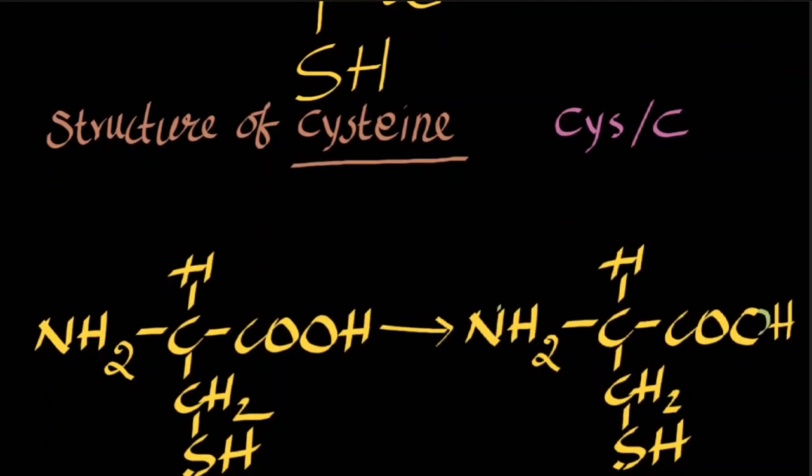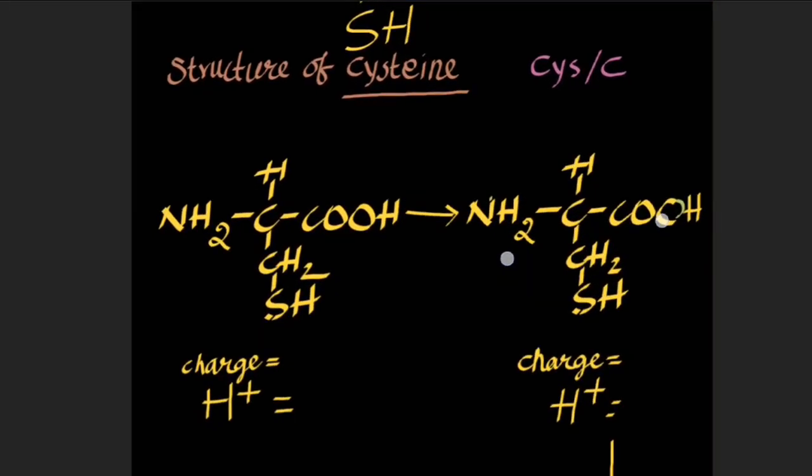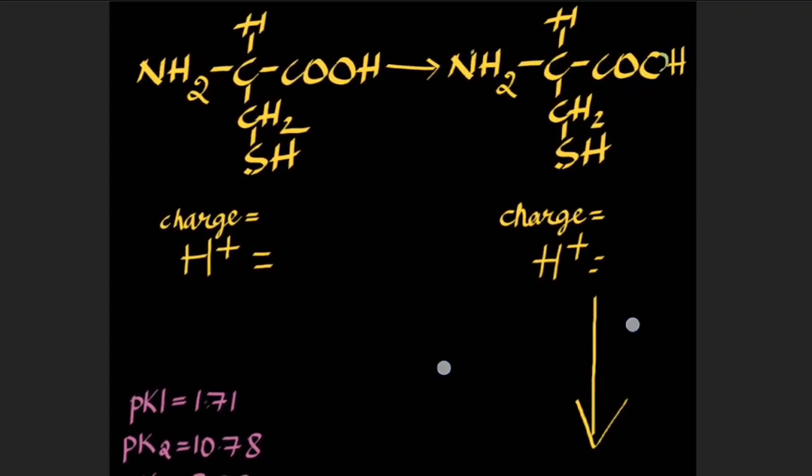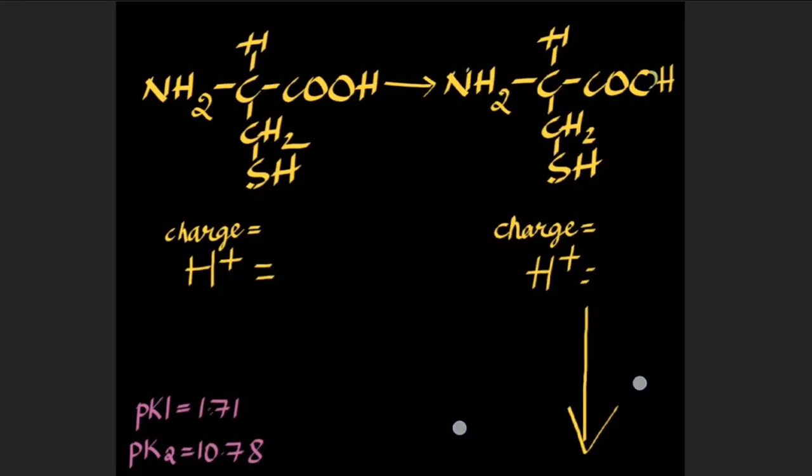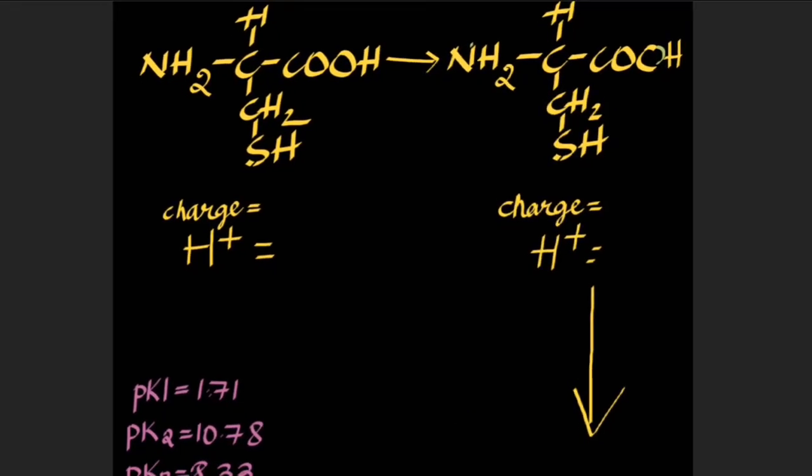So now let us try to understand how we calculate the isoelectric point of cysteine. I'm just going to make it small. Out here we are given the pK1 value, pK2 value, and pKr value. As we all know, this first structure is the structure where the hydrogen ions are very high in number.